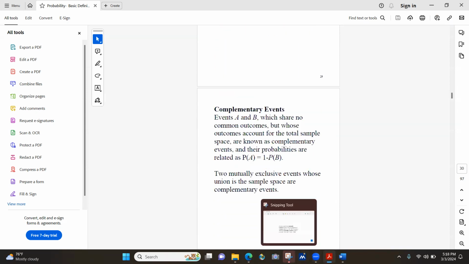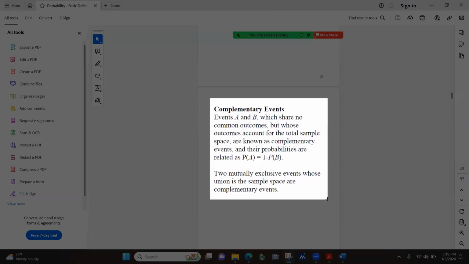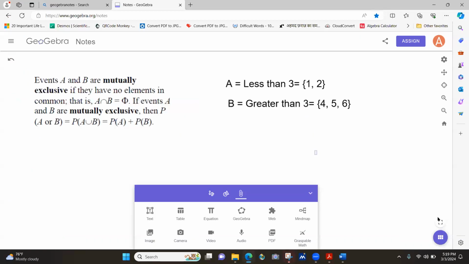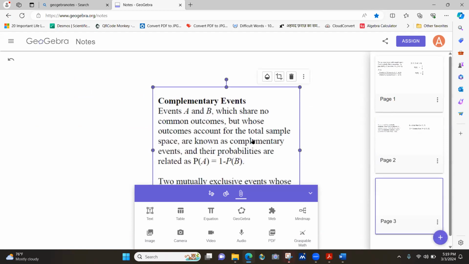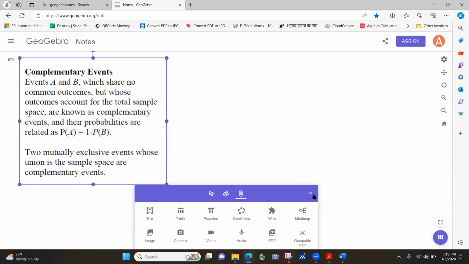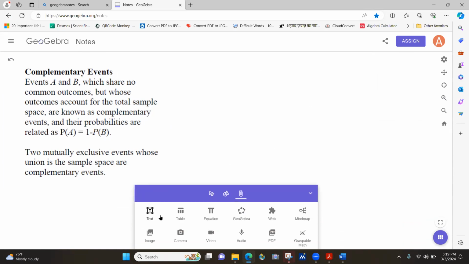Okay, another important term. So they're kind of connected. The next one, complementary events. Okay, complementary events are like this, and you really want to get it.